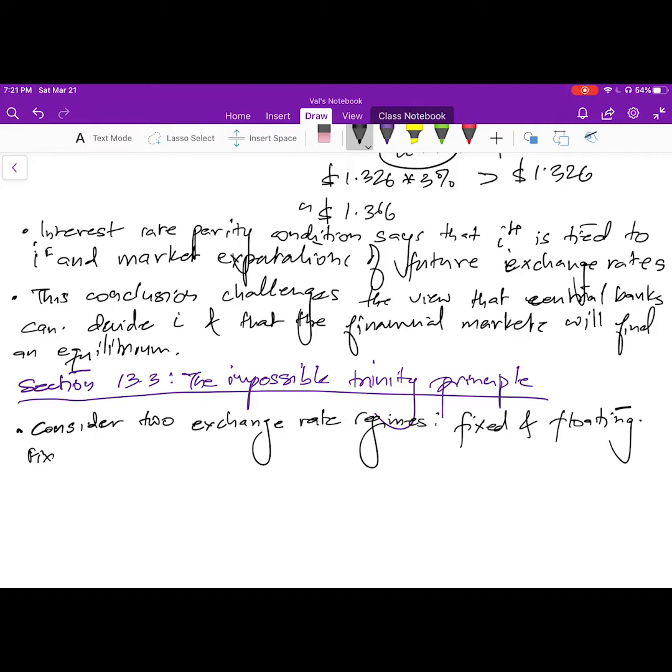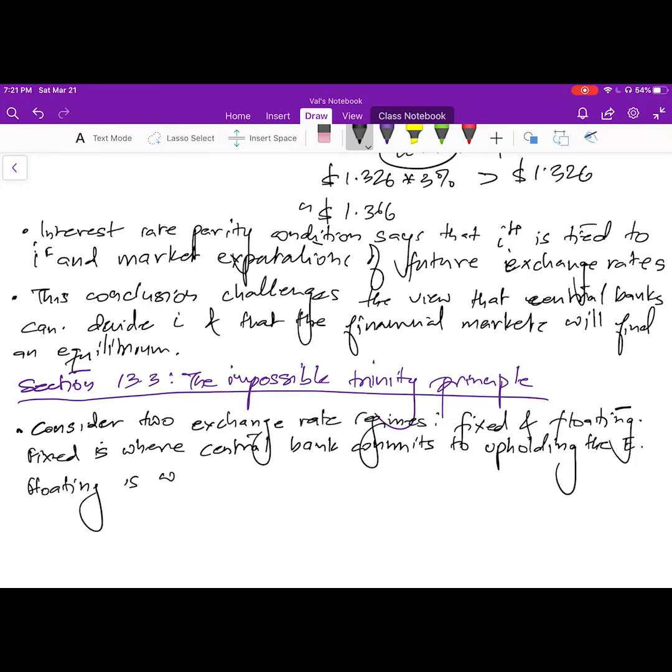Fixed is where the central bank commits to upholding the exchange rate. Floating is where the central bank makes no such commitment.